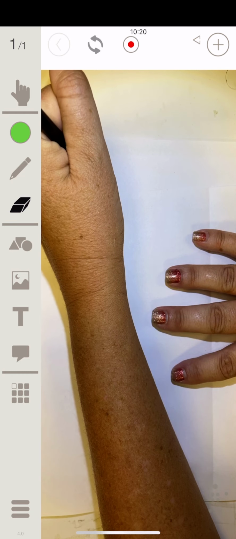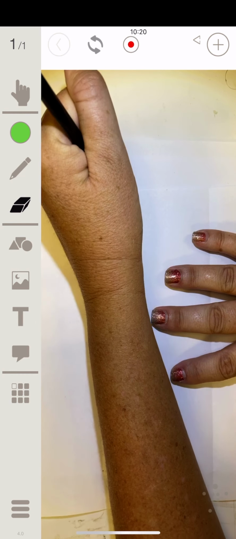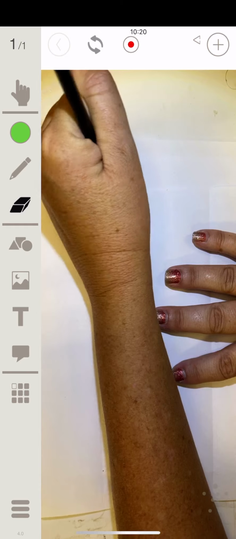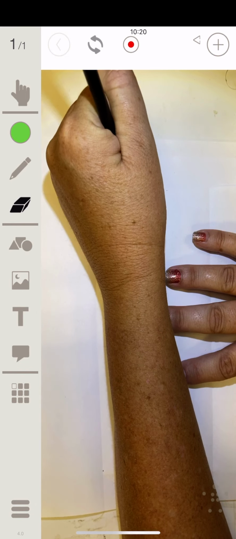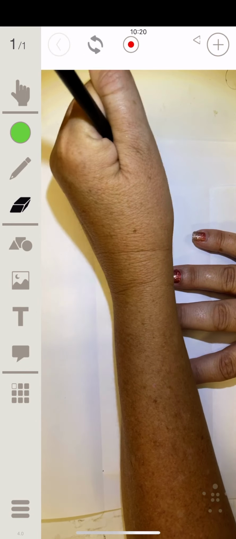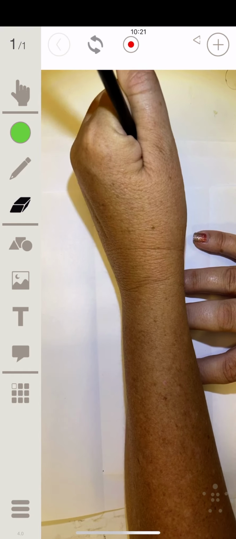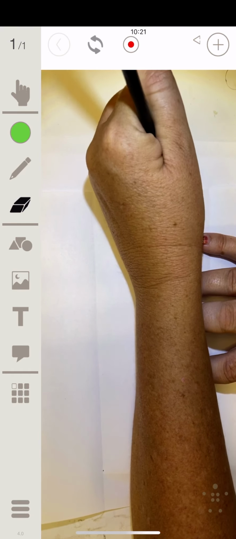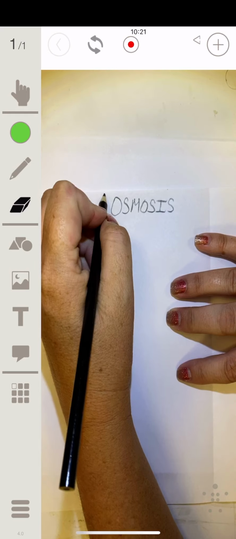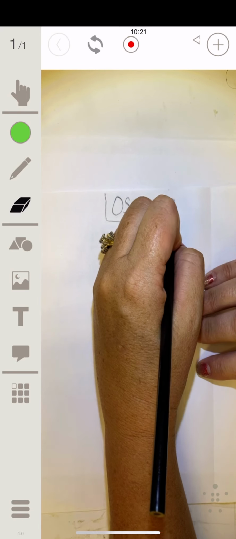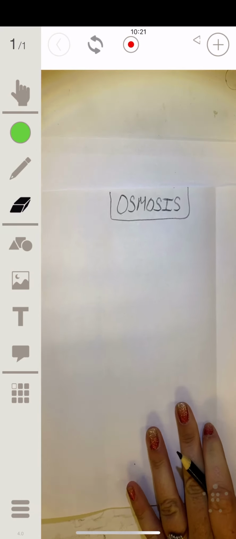I'm just going to title it Osmosis. OSMOSIS with my horrible handwriting, which you will get used to. Put a little box around that, and there we go.